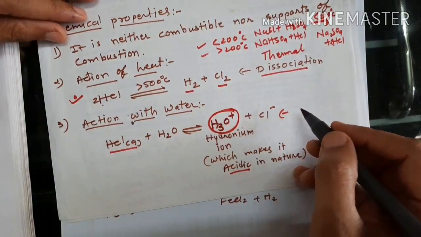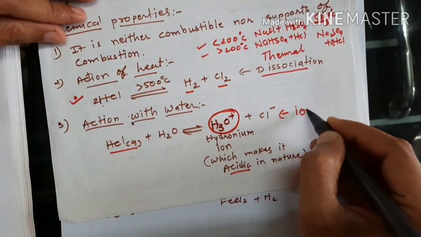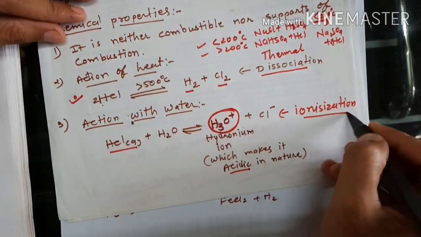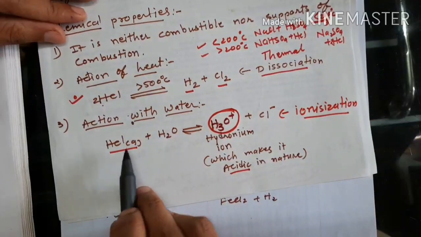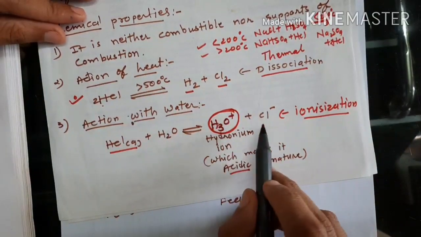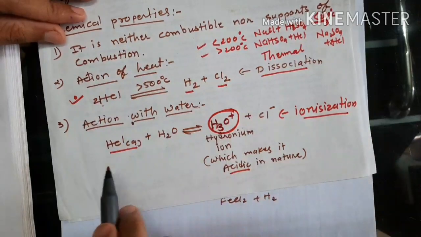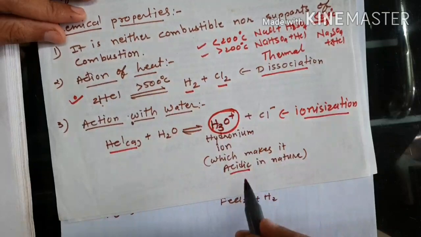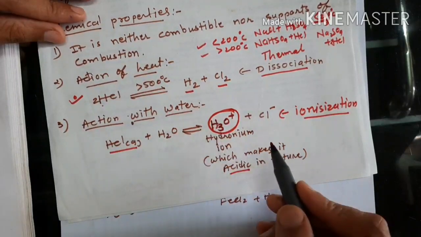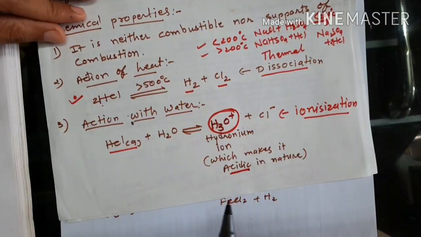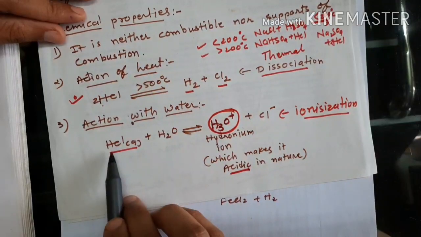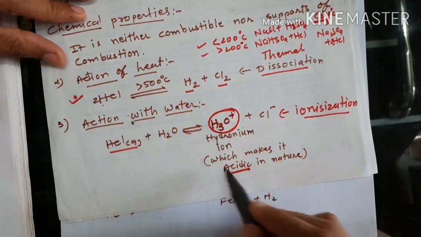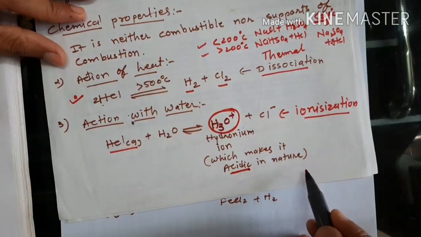So in ionization, the hydronium ion will be formed, which proves that the particular compound is acidic in nature. Here the HCl reacts with the water and converts into the hydronium ion. So it proves that HCl is acidic in nature.